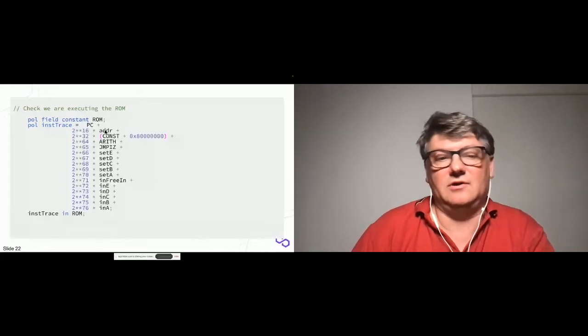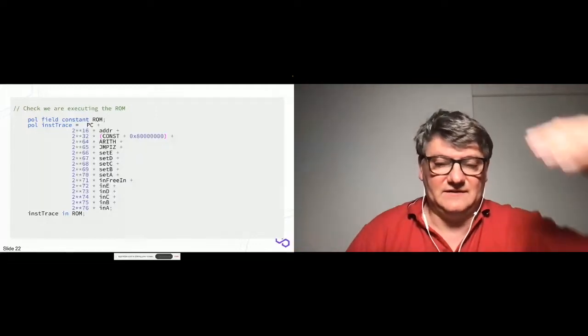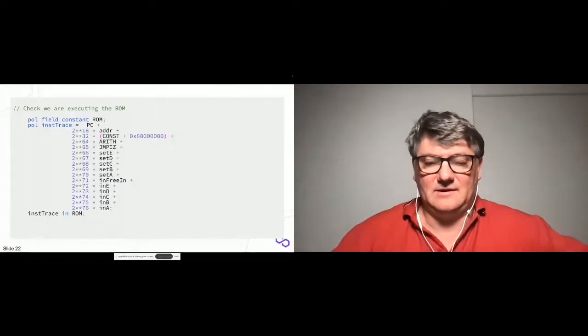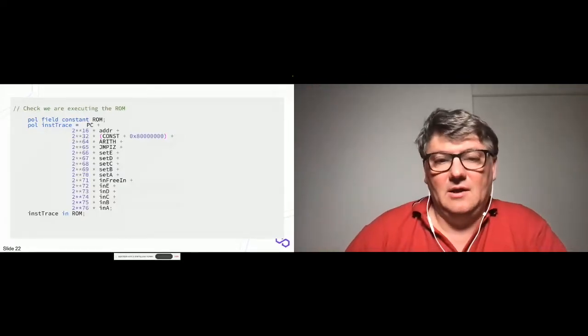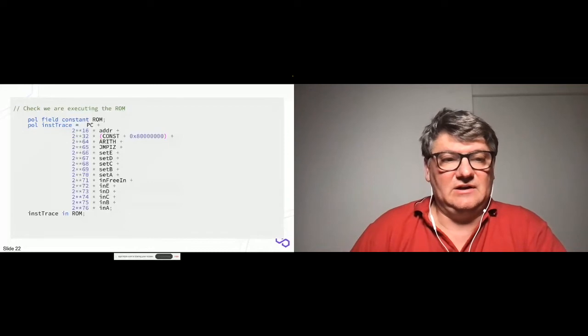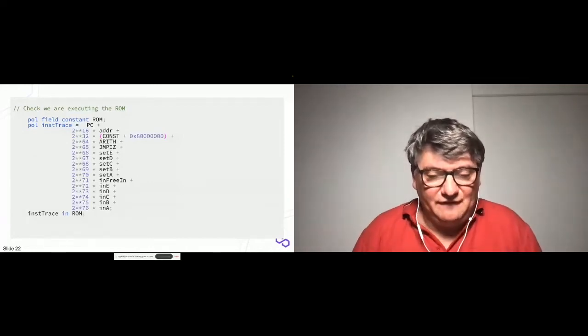Actually, all this I can do with more, instead of having a single ROM polynomial, I can have many ROM polynomials and a single lookup. But this is the idea, and with this we force that we are executing a specific program.